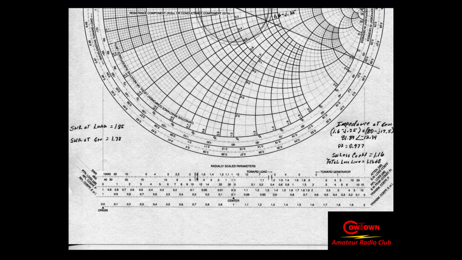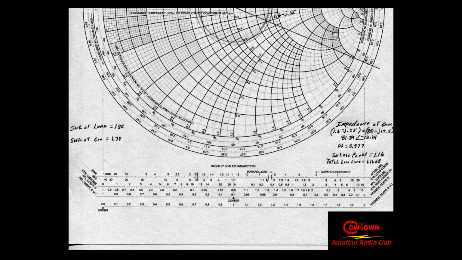Notice that the SWR is somewhat lower than it was. It's like 1.76, 1.78, somewhere in that neighborhood. So then my step attenuation shows up over here somewhere in the neighborhood of 6-ish.